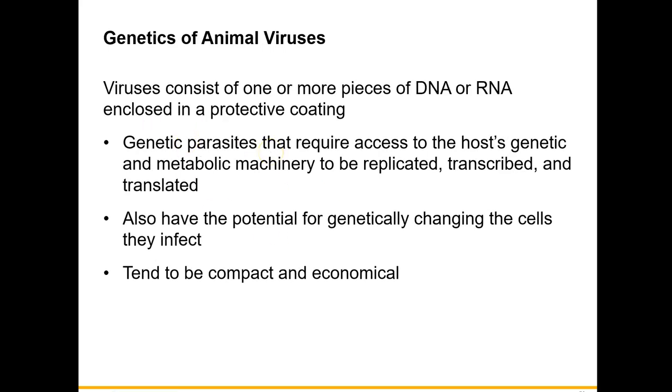Genetics and animal viruses. Viruses consist of one or more pieces of DNA or RNA enclosed in a protective coating. They are genetic parasites that require access to the host's genetic and metabolic machinery to be replicated, transcribed, and translated. They also have the potential for genetically changing the cells they infect. They tend to be more compact and economical.